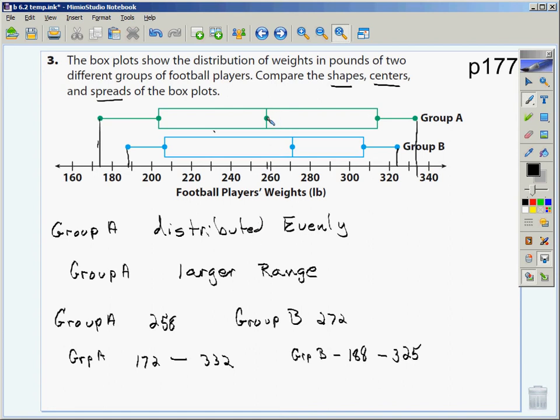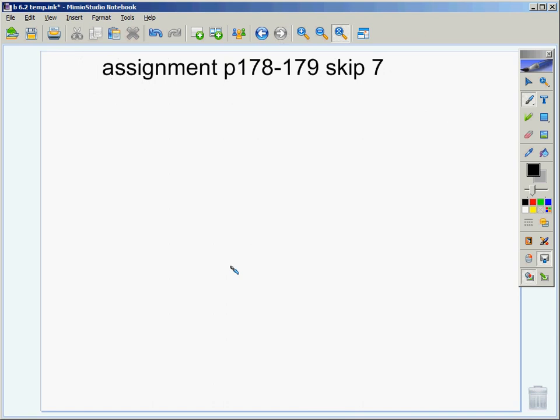But it's definitely easier to find where the middle is because it's on the graph, and it's easier to compare where most of the people are because inside of the box is how much of the percentage? It's 50%. So most of the people are inside of that box. Some of the people are below it, some are above it, but the majority of the people are inside of it. And there is your assignment.